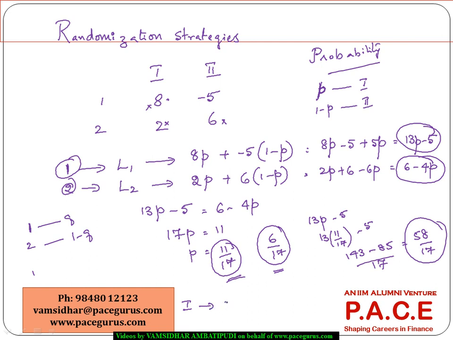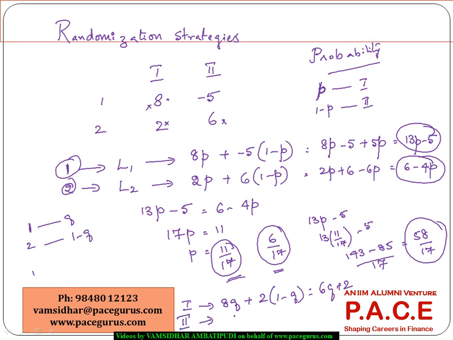B will make a gain of 8 with a probability of Q, and a gain of minus 2 with a probability of 1 minus Q. So 8Q minus 2 plus 2Q, 6Q plus 2 is the gain which B is going to make if A chooses 1.